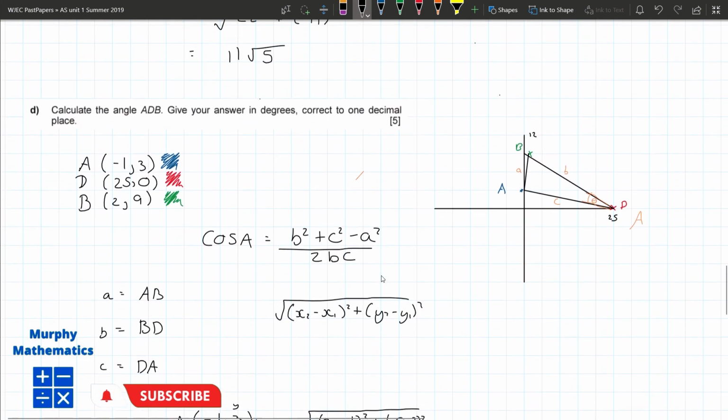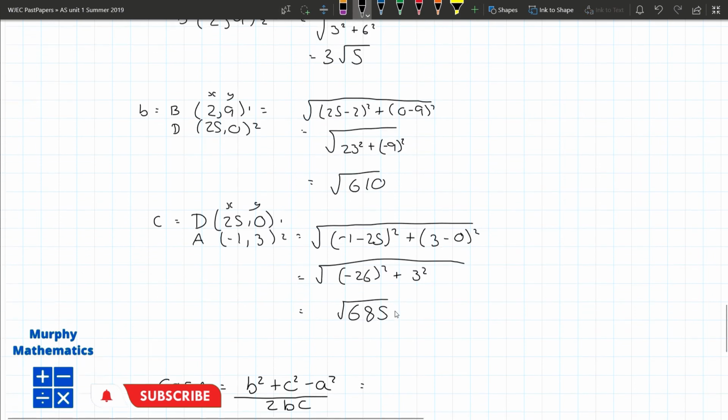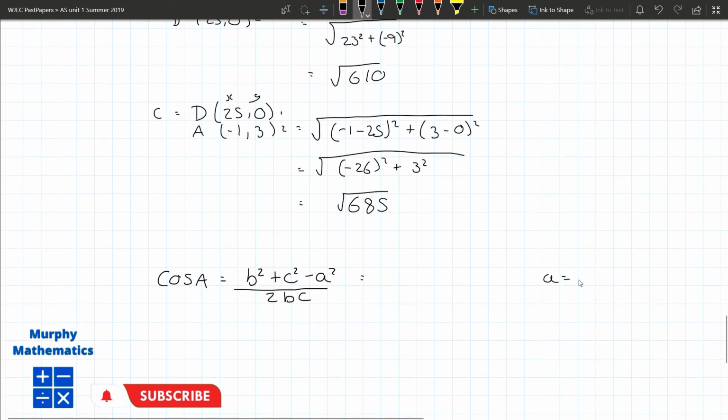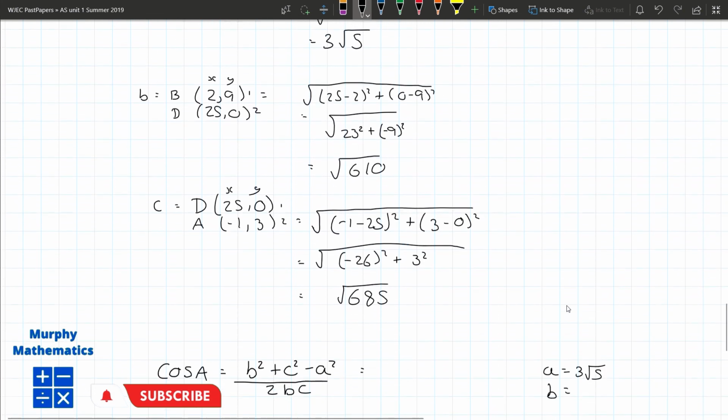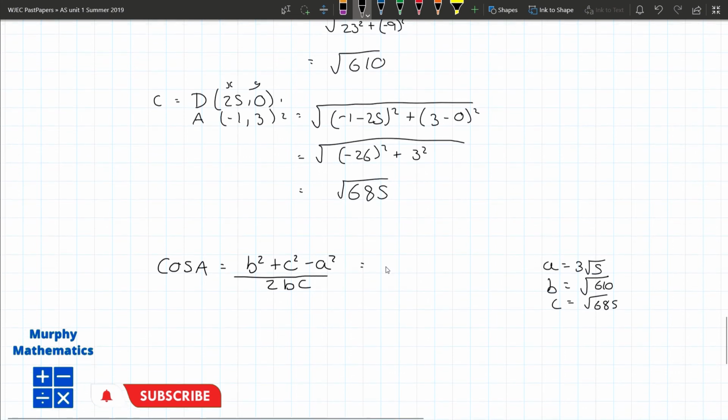Okay, so now we've got a, b, and c. We can now use our cosine rule. So we know little a equals 3√5. We know b equals root 610. And c equals root 685. So just putting these numbers in, we're going to have root 610 squared.